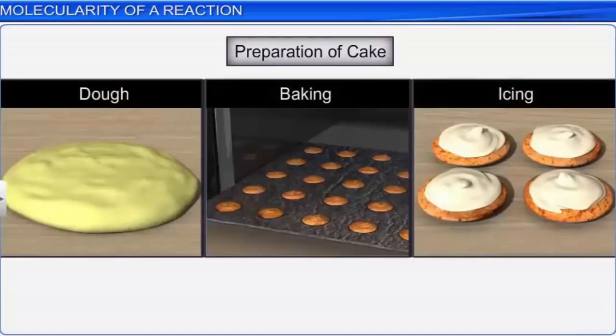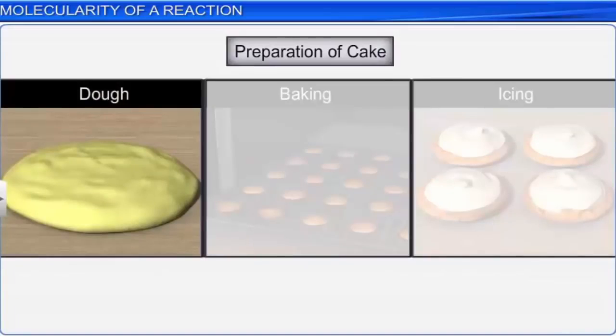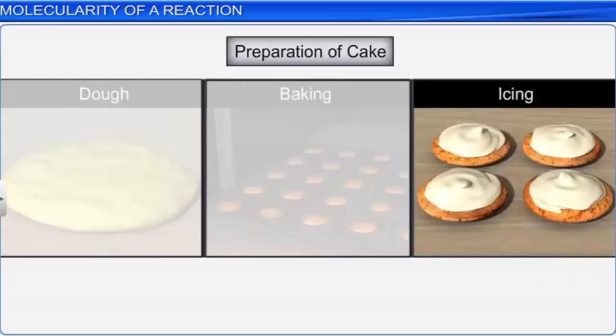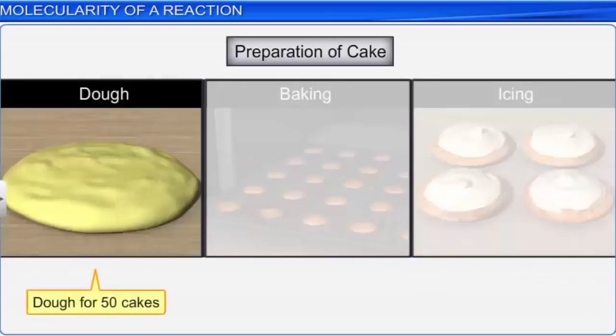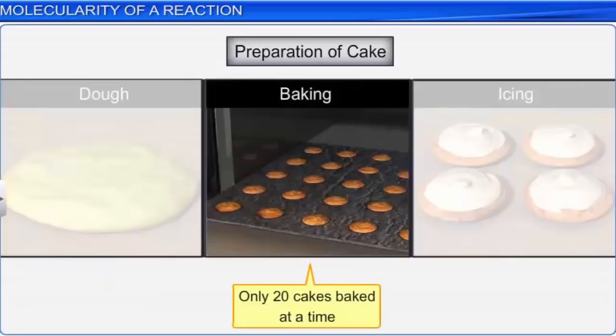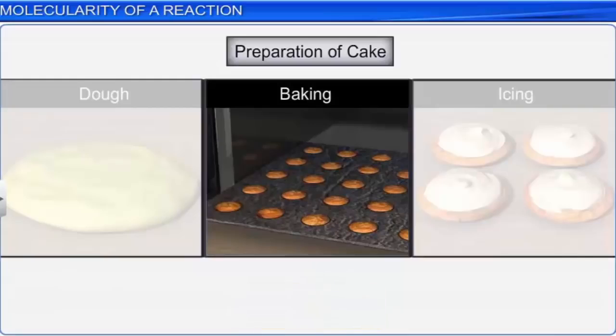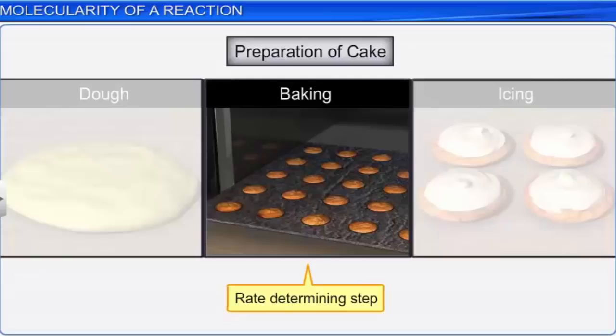The 3 major steps involved are preparing the dough, baking, icing. You can make dough for 50 cakes. However, only 20 cakes can be baked at a time. Hence, the number of cakes on which you can put icing will depend upon the second step, baking. Therefore, baking is the rate-determining step here.